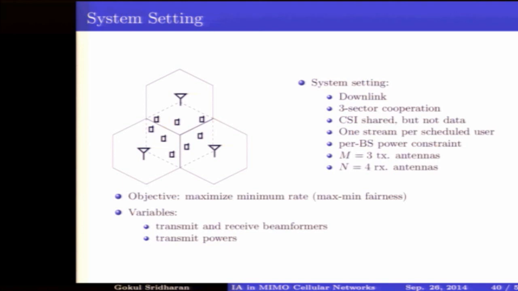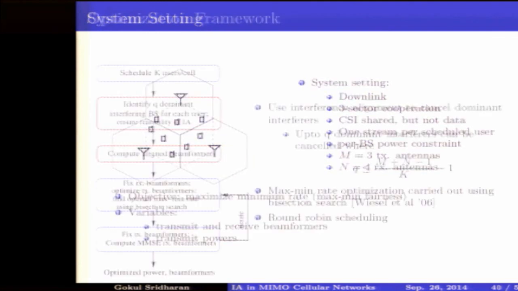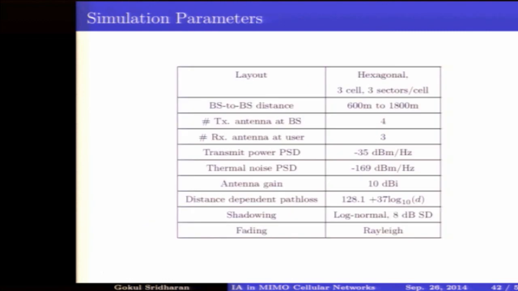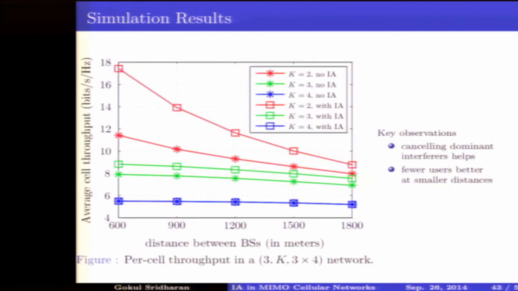If you violate that, then it's not possible to completely cancel interference from these 2 base stations. So what this is saying is that as the network is getting denser and denser, this number k, which comes from M, N, and G, you should stick to that number. You should not schedule more users than that.